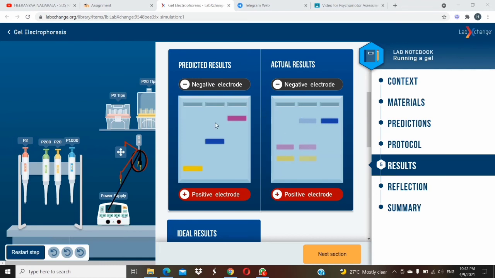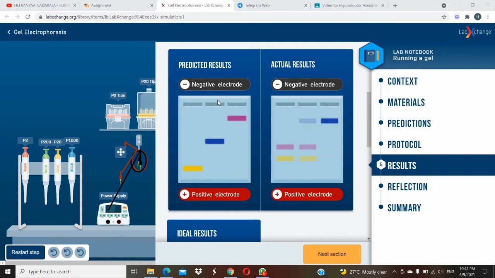Here I predicted that the yellow dye will migrate faster and farther. The blue dye will migrate a medium distance, and the purple dye will migrate slowly, with the least distance between the well and the dye.